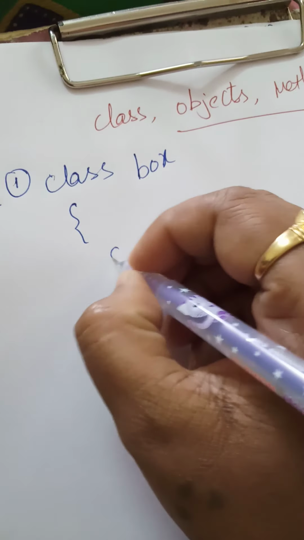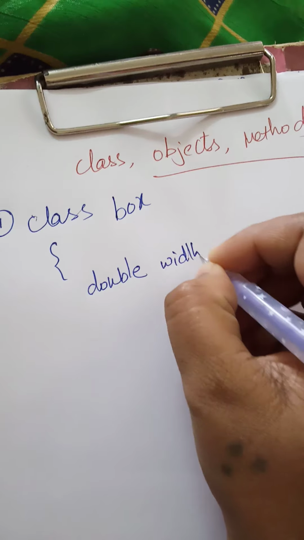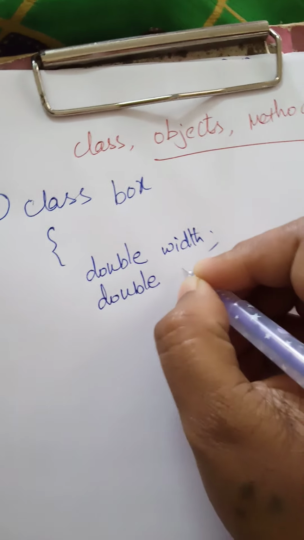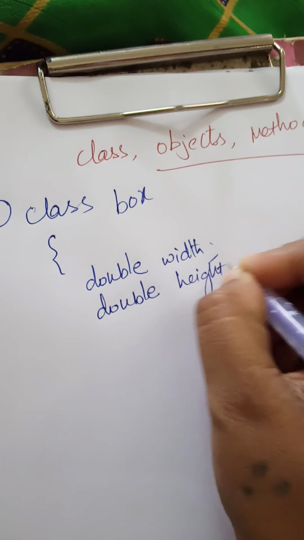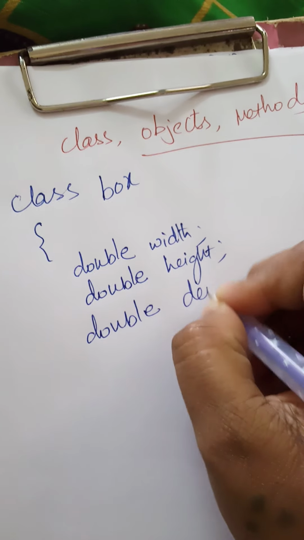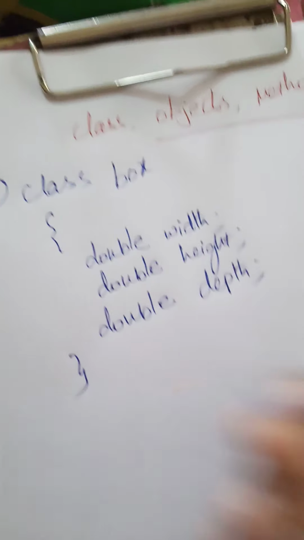I am taking double as the data type. We have to declare double width, double height, and I am taking one more variable, depth. So we have declared three variables in the class.